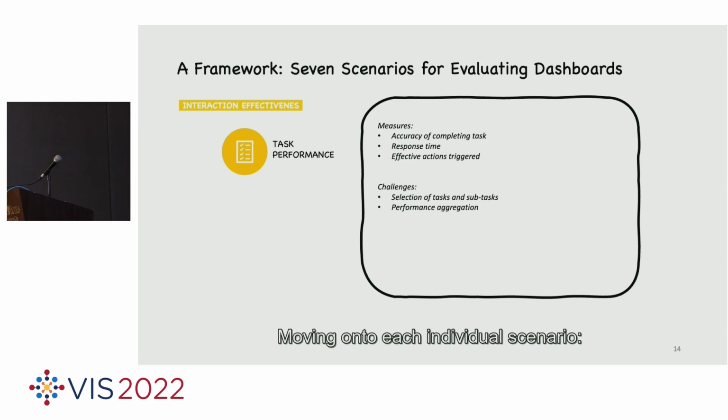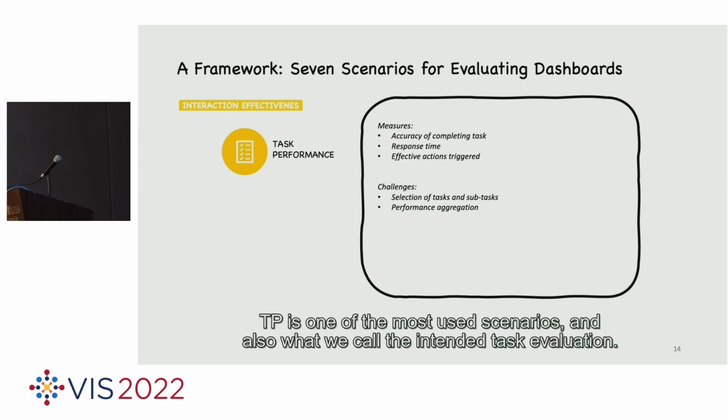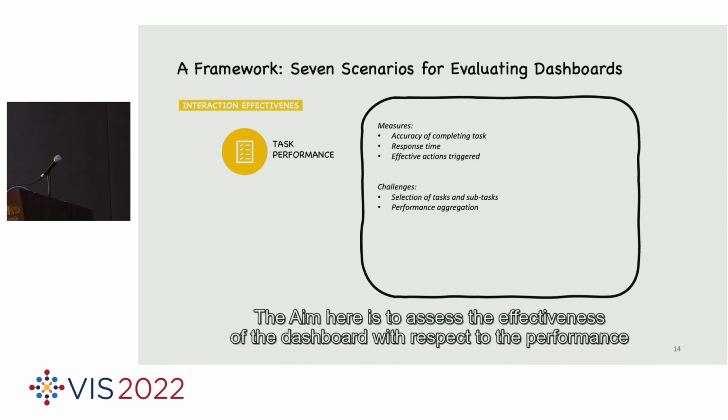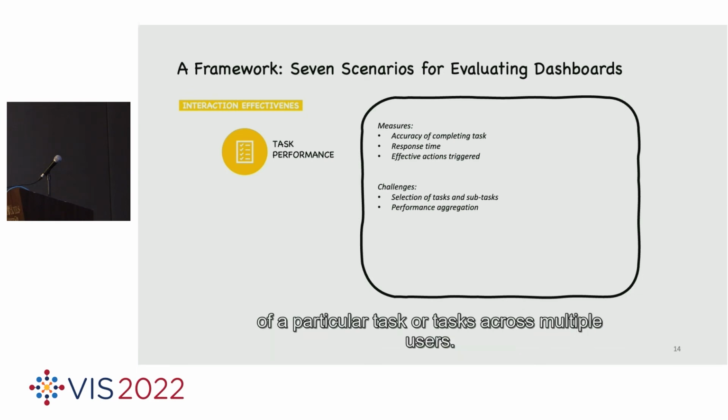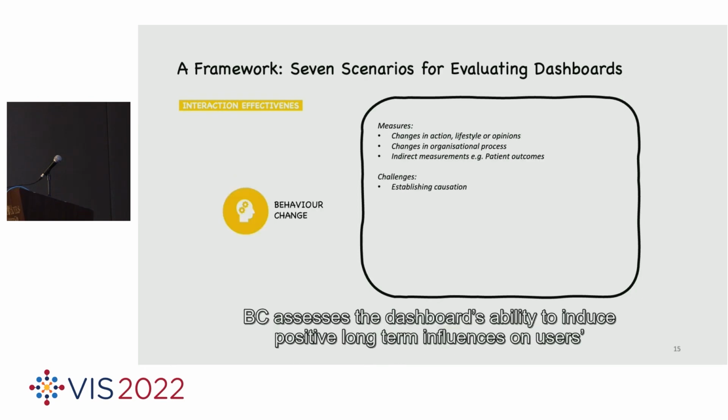Moving on to each individual scenario, task performance is one of the most used scenarios, and also what we call the intended task evaluation. The aim here is to assess the effectiveness of the dashboard with respect to the performance of a particular task or tasks across multiple users. Behavior change assesses the dashboard's ability to induce positive long-term influences on users' behavior.